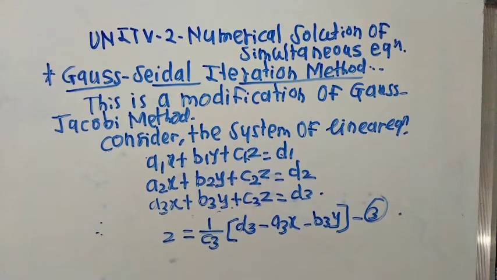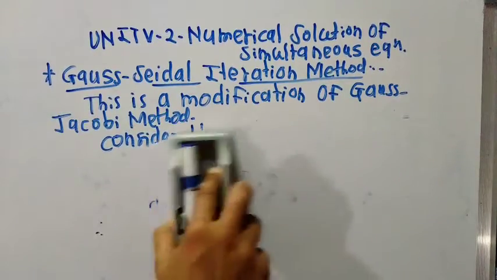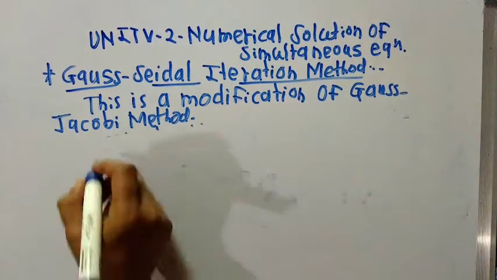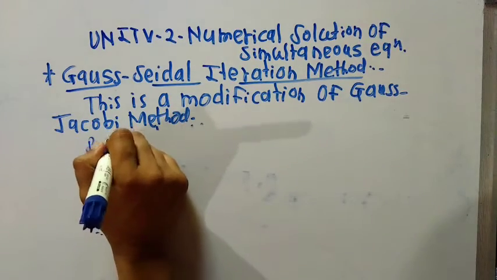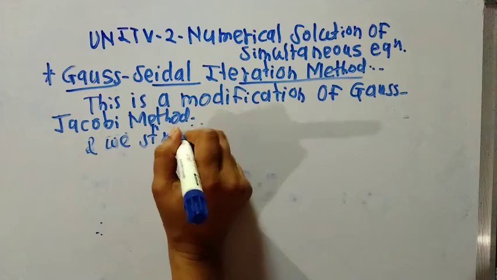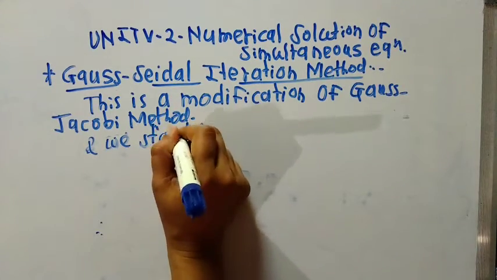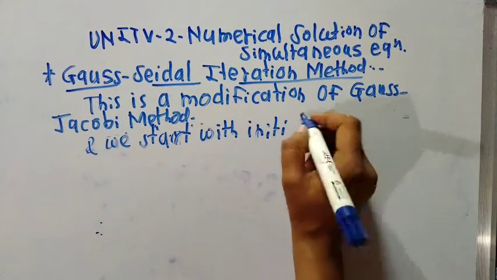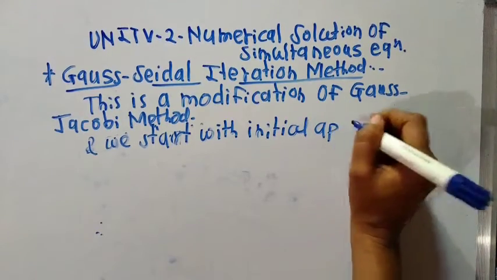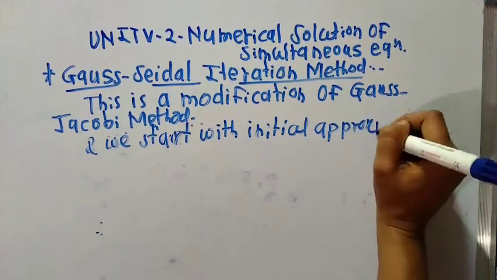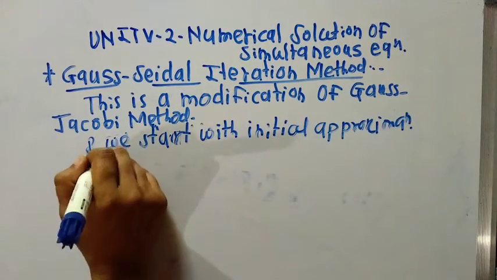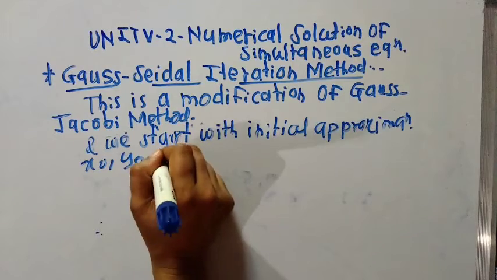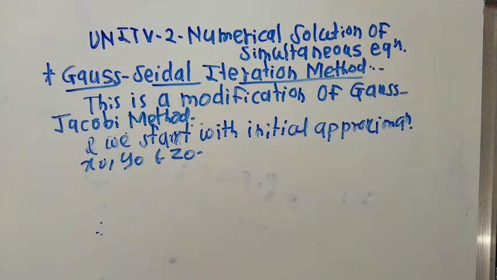And we start with an initial approximation x0, y0 and z0.